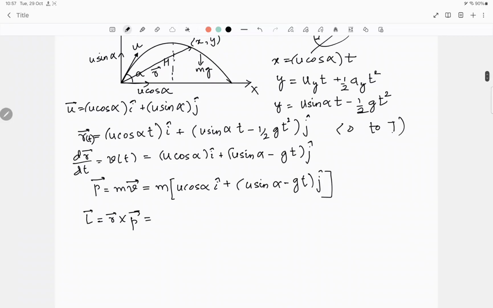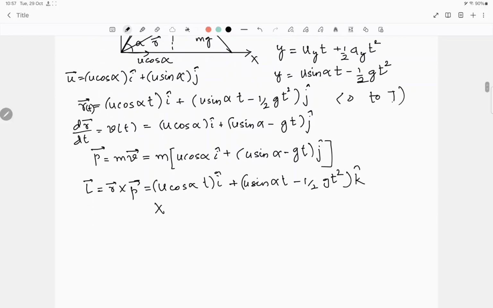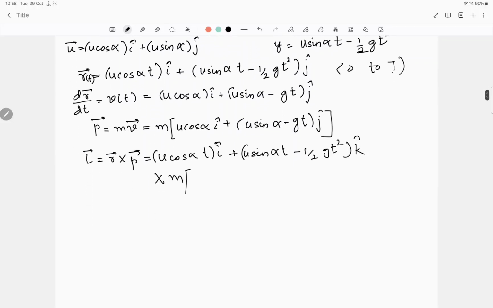This means r is u cos alpha t i cap plus u sin alpha t minus half gt square into j cap, cross m into u cos alpha i cap plus u sin alpha minus gt into j cap.